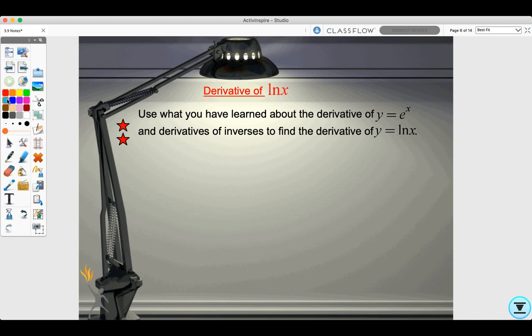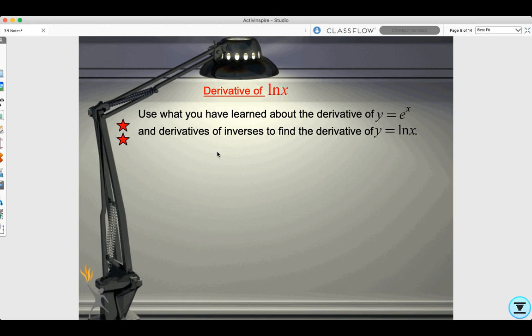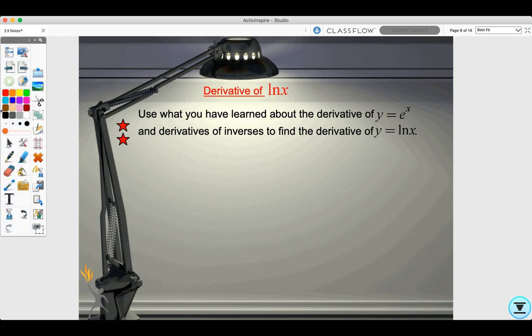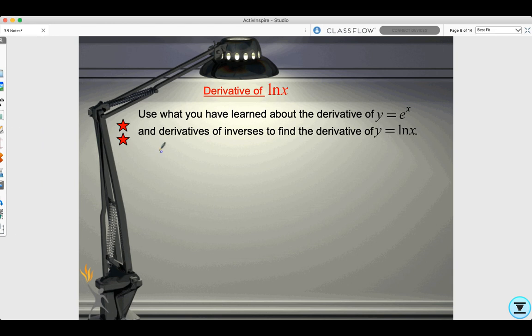Let's go ahead and use that same process for the derivative of the natural log of x. Use what you learned about the derivative of e to the x and the derivatives of inverses to find the derivative of y equals the natural log of x. Because we know the natural log of x is the inverse of e to the x. So f inverse of x equals the natural log of x.